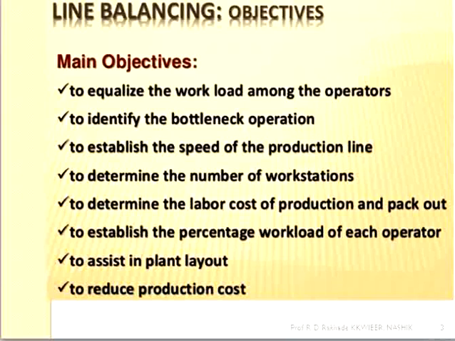Then the next objective is to identify the bottleneck operation. A bottleneck operation is nothing but the maximum time required by a particular event or activity in the cycle. Through line balancing we identify that particular operation and try to minimize the cycle time of that event by applying certain methods.